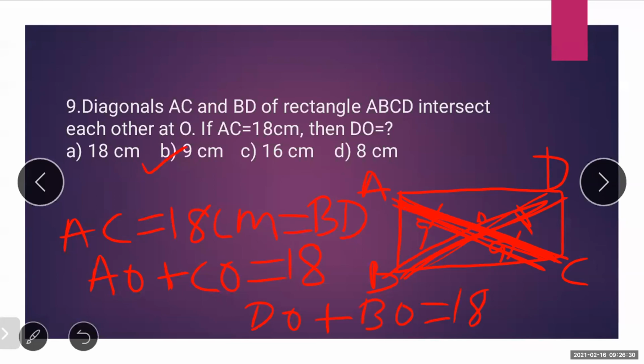So the measure of DO will be 9 centimeter. This question can also be asked directly to solve, because here we are using two properties of a rectangle together.